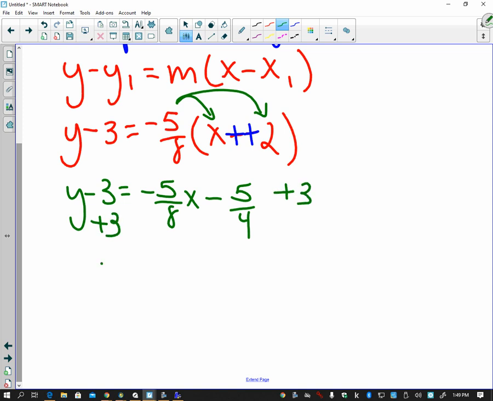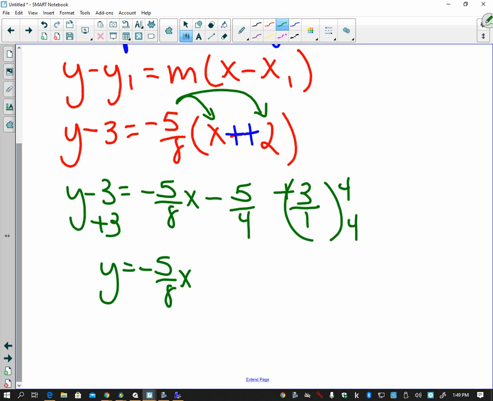Okay, so we got y equals negative 5/8 x. Negative 5/4 plus 3. What do I need to do with 3? Could I get a common denominator there? What's the common denominator? 4, so I need to get that 1 to be a 4. So what do I need to multiply 3 over 1 by? 4 over 4.